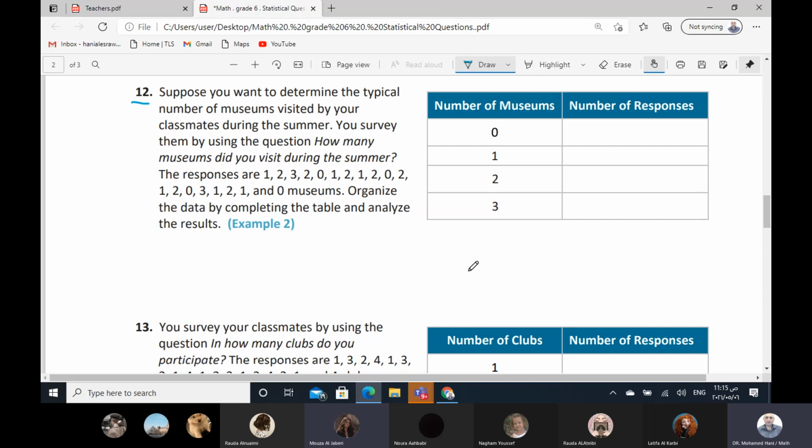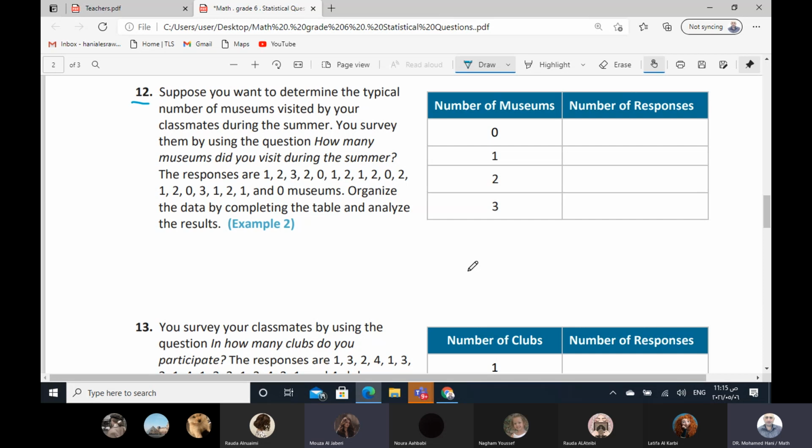The responses are 1, 2, 3, 2, 0, 1, 2, 1, 2, 0, 2, 1, 2, 0, 3, 1, 2, 1, and 0 museums. Organize the data by completing the table and analyze the result.